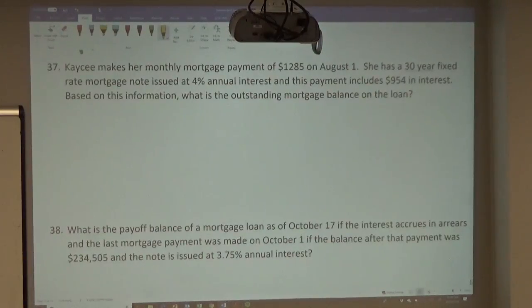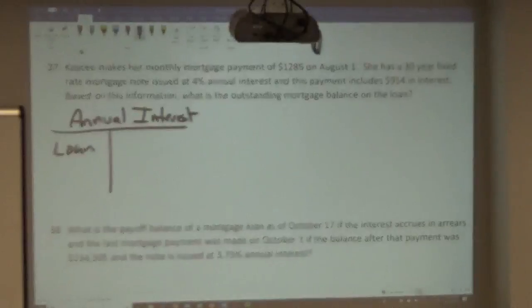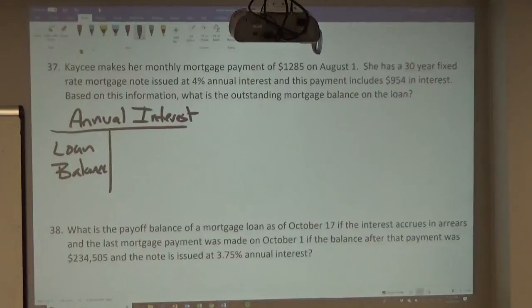Alright, so if you think about the T-bar that we have for interest, it looks like this. You've got annual interest on the top, and on the bottom you have the loan balance or principal balance, and on the bottom you have the annual interest rate.